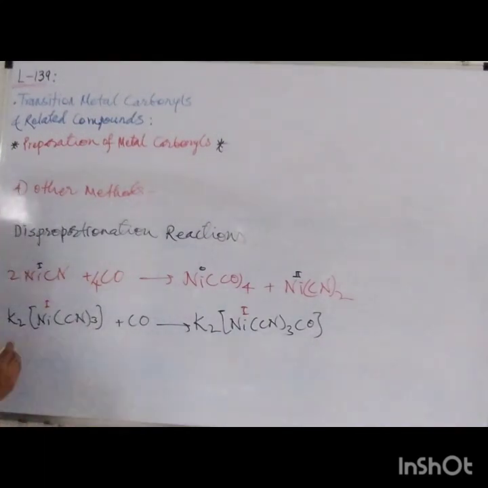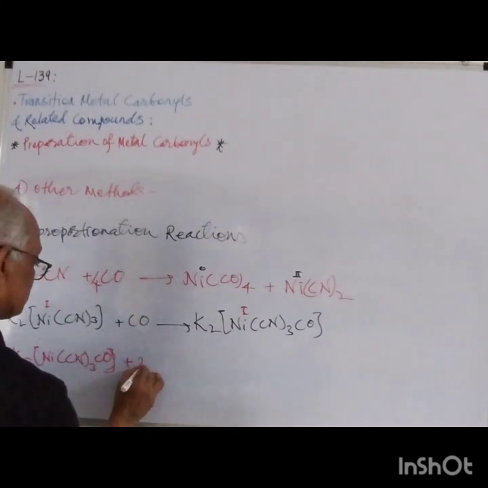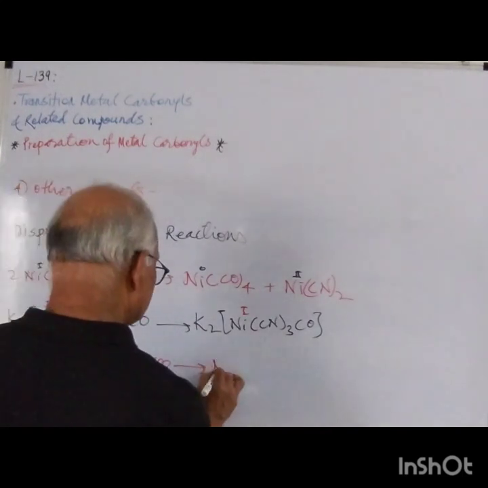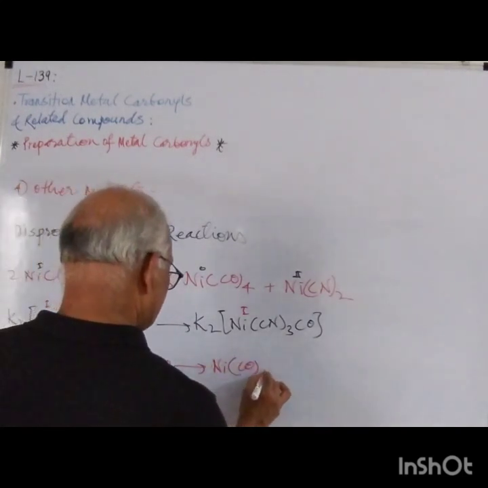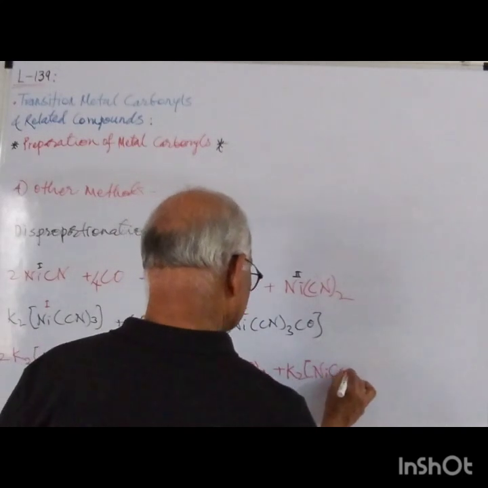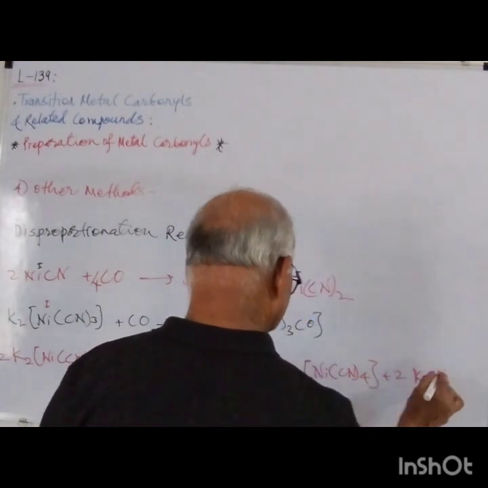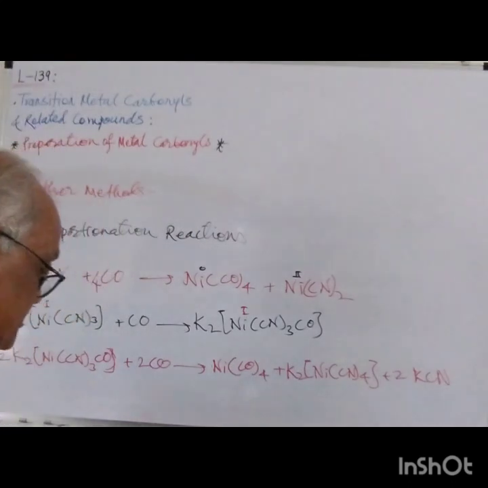Now if we take this twice, K2[Ni(CN)3CO] plus twice CO gives Ni(CO)4 plus K2[Ni(CN)4] plus twice KCl.